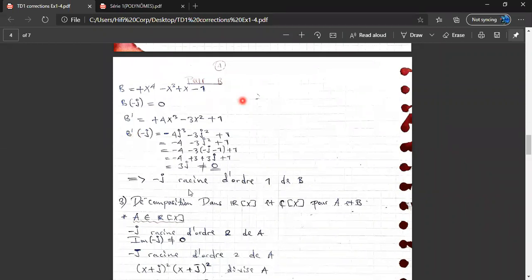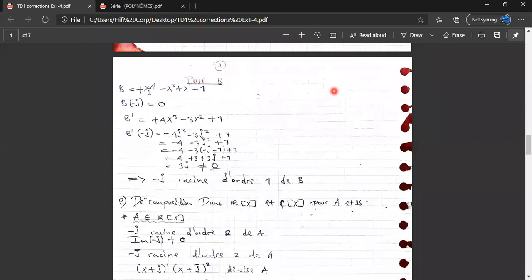So how are you going to write this? You're going to write it in brackets as x plus j, to the order 1 on top. That's its order. So the order on top is equal to 1. And the order of the normal polynomial is equal to the degree. Here the order is equal to 1, and the degree of this racine is equal to 1.